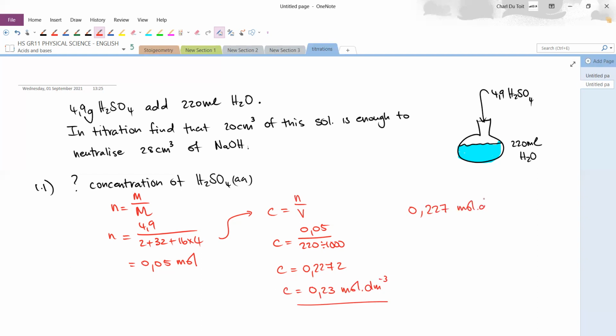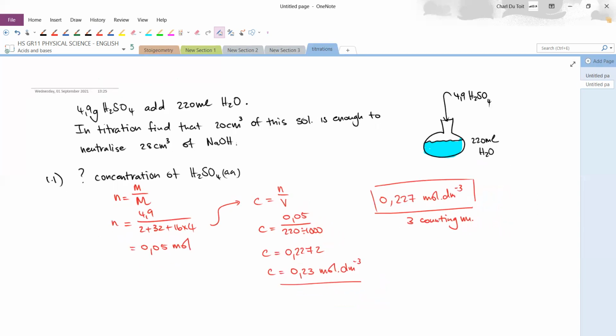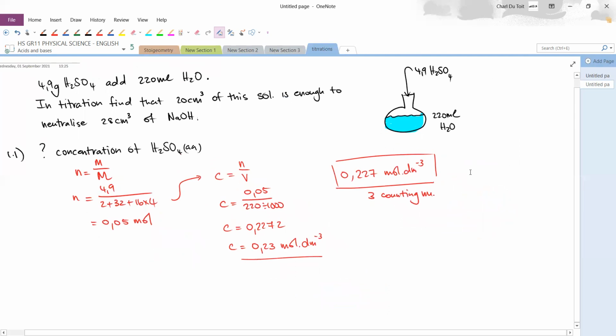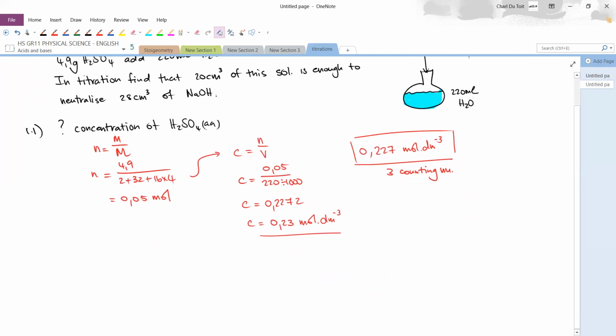CAPS syllabus requires 2 decimals, while your IEB syllabus requires 3 counting numbers. Luckily, I've still got that value there, which I can use if in doubt.